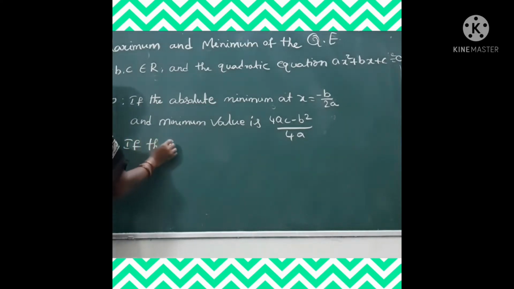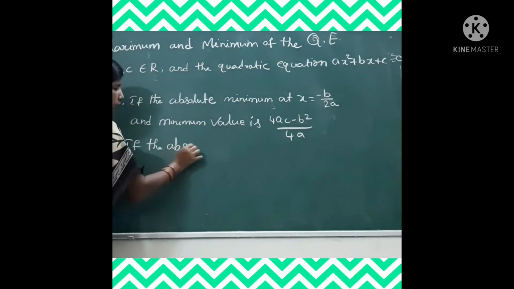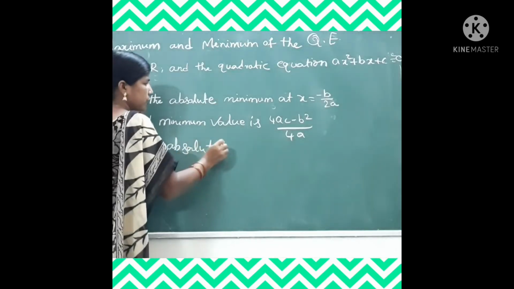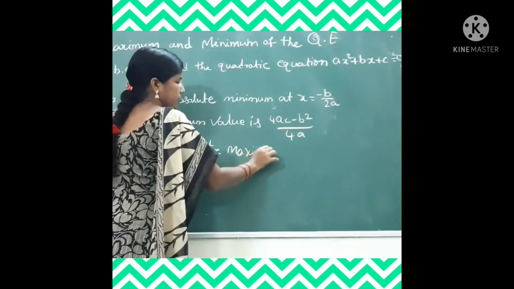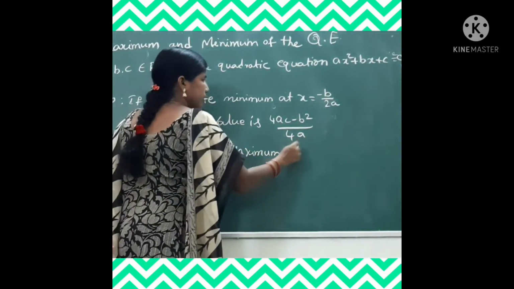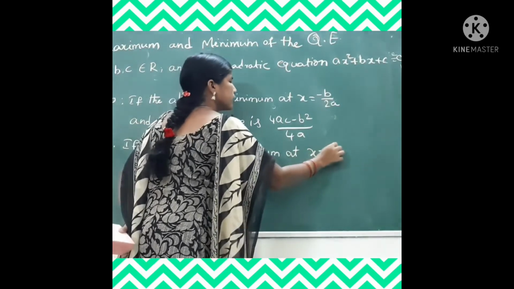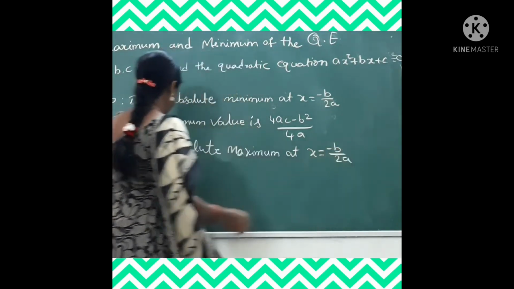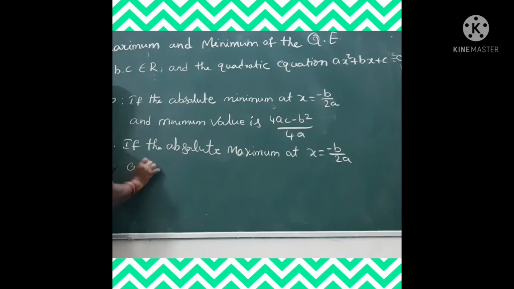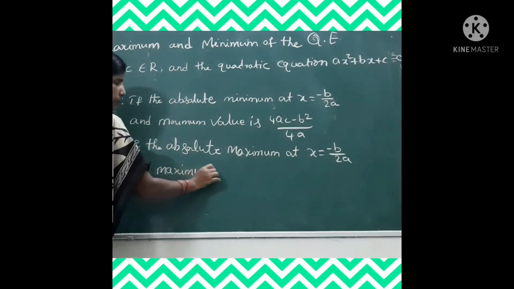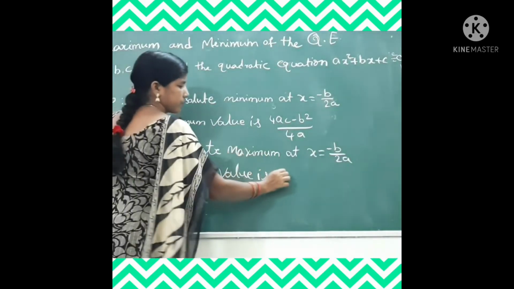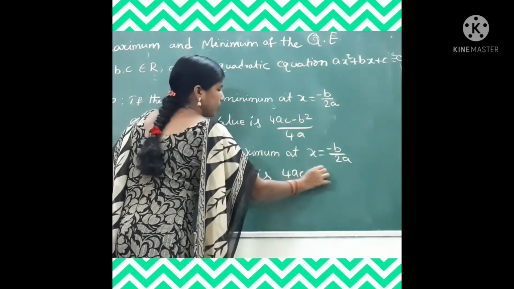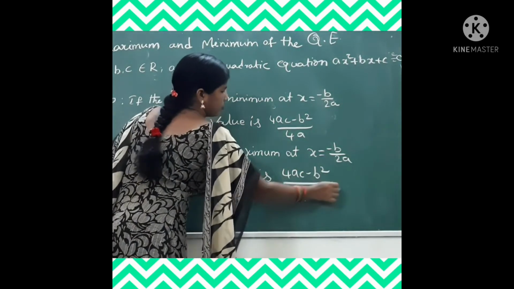If the absolute maximum is at x is equal to minus b by 2a, the maximum value is 4ac minus b square by 4a.